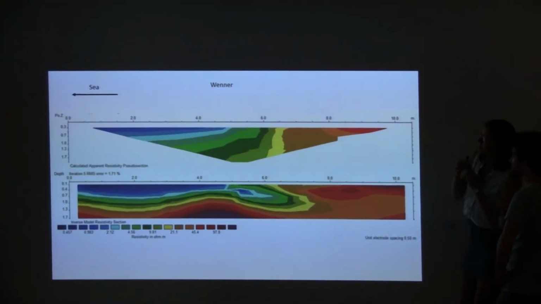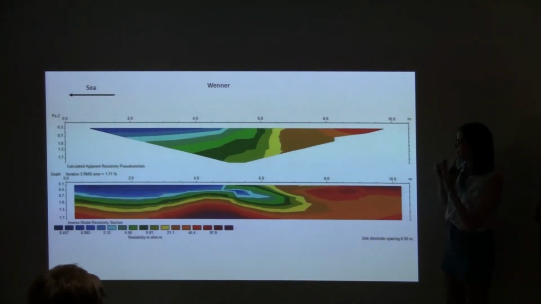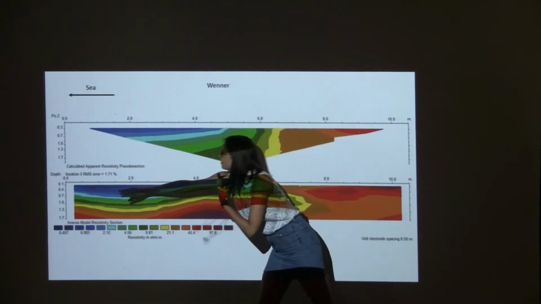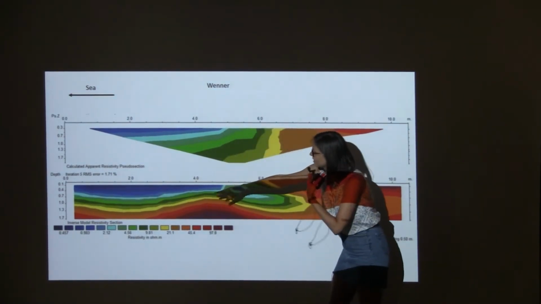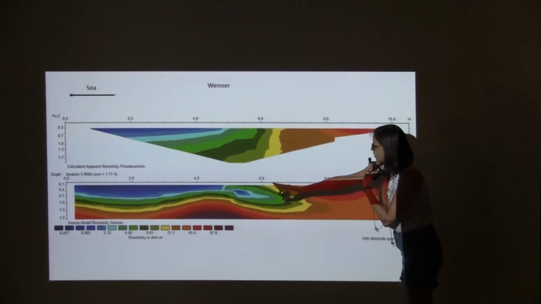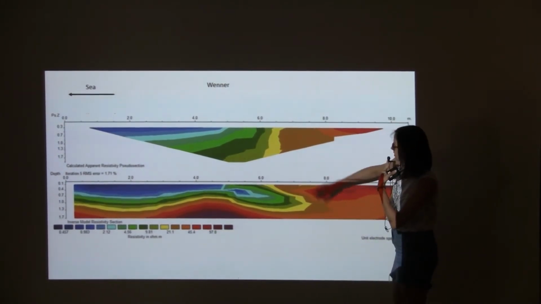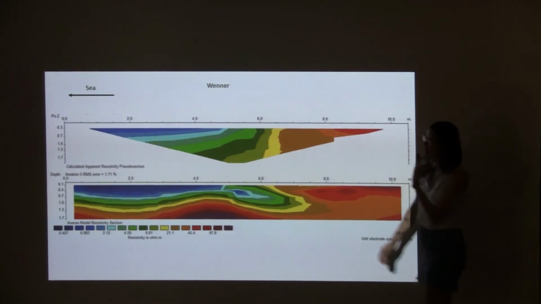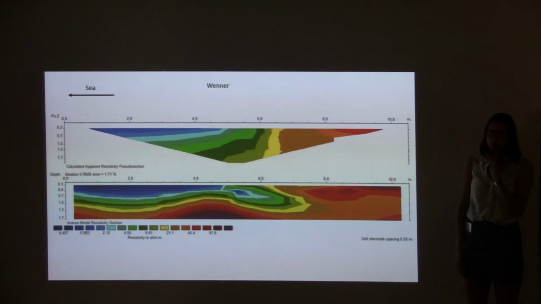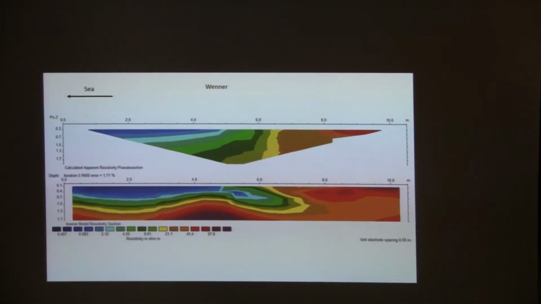So I would basically say that the sea is in that direction and it's coming here where you have these really low resistivities, and over here you just meet the bedrock, and that's where you would have your limit of the salt water. I wouldn't know about the fresh water. I would assume that what is not blue is fresh water.